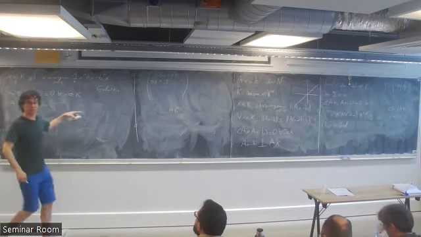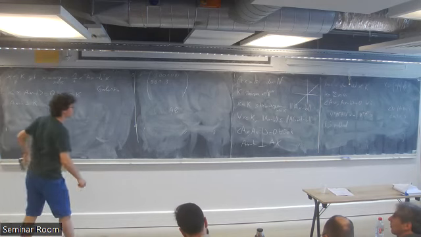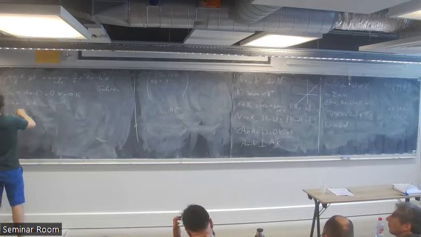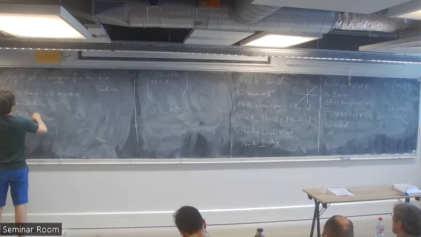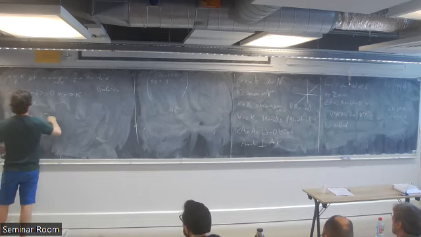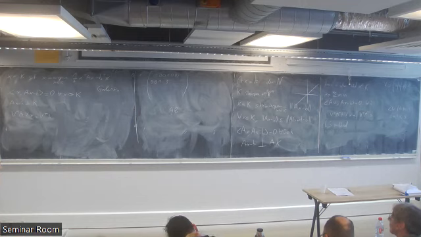And then if you write this down in the basis, you find this, which is much nicer because you don't have the A squared.